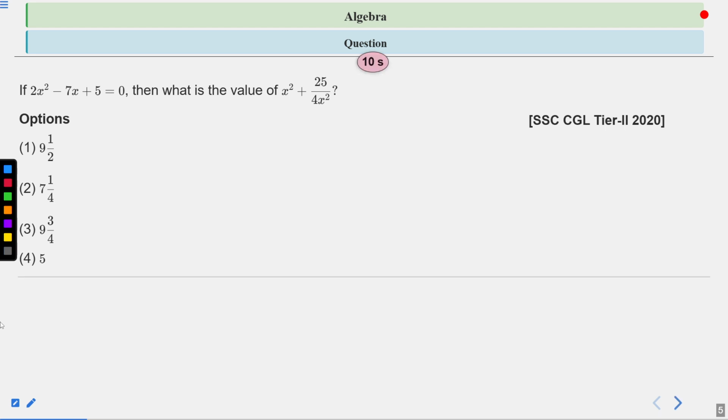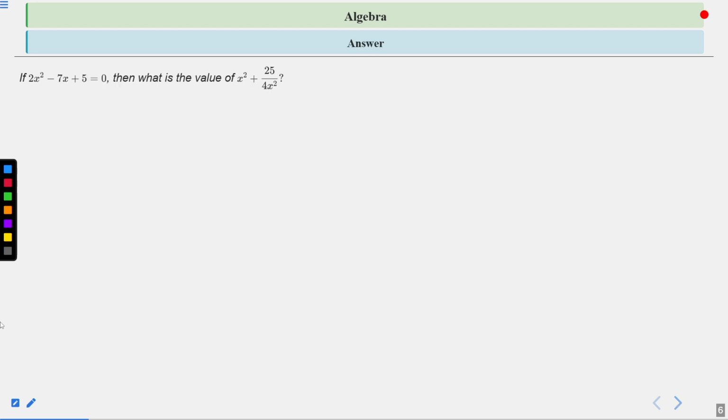Now you have 10 seconds to analyze the question. Your time starts now. Now time's up. Let's see the solution of this question. The question says that 2x square minus 7x plus 5 equals 0 is given, and we need to calculate the value of x square plus 25 upon 4x square.